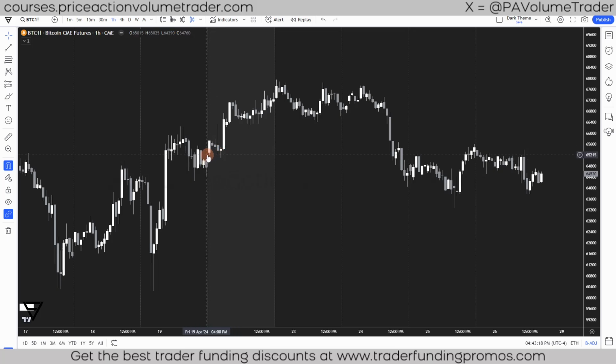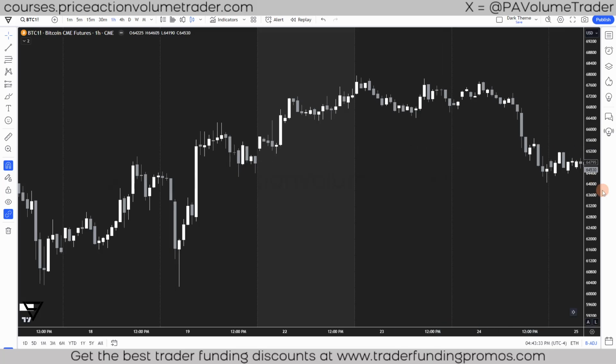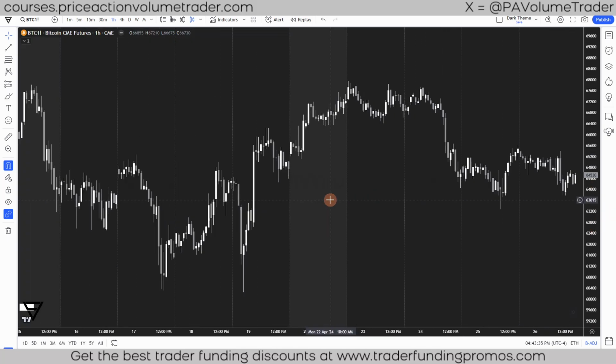And so between the close on Friday night and the open on Sunday night for futures at 6 p.m. Eastern time, there is that 48-hour gap that we have, okay? And so that's what people refer to as the CME gap.